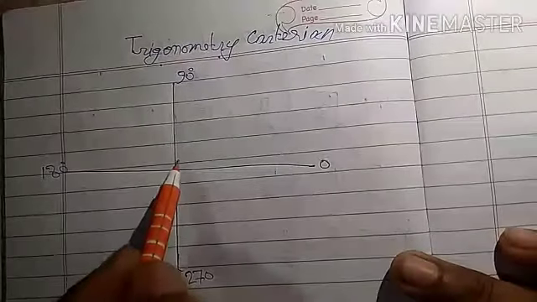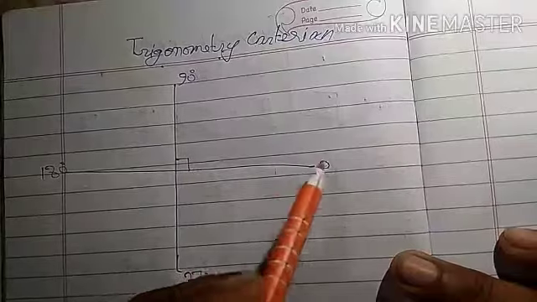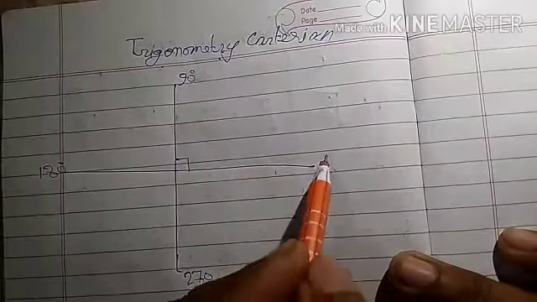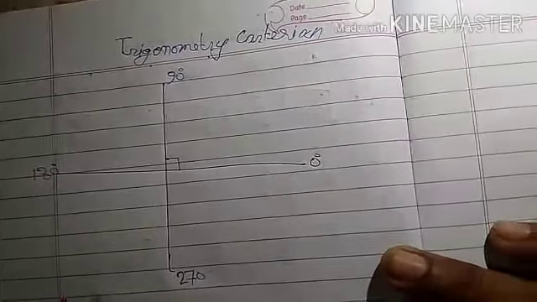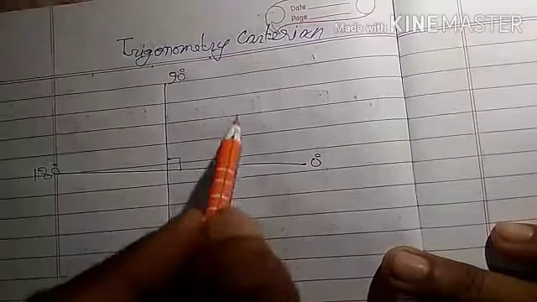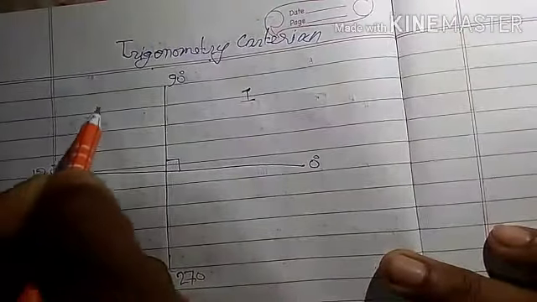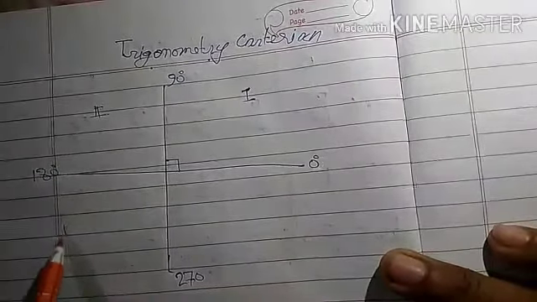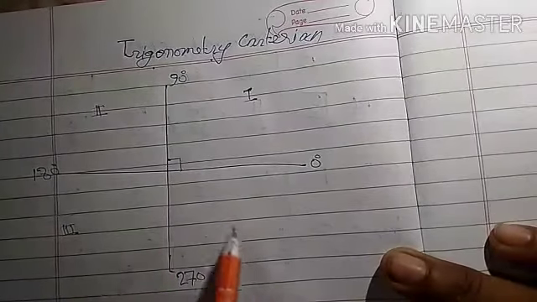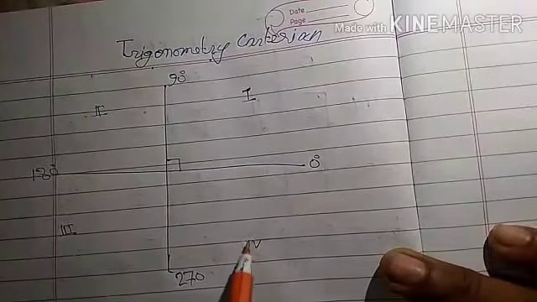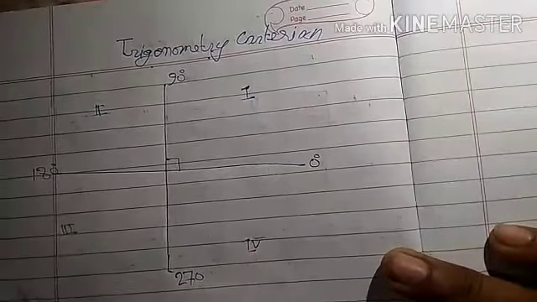So this is a 90 degree angle, from 0 to 90. This is the first coordinate, this is second, this is third, and this is fourth coordinate.